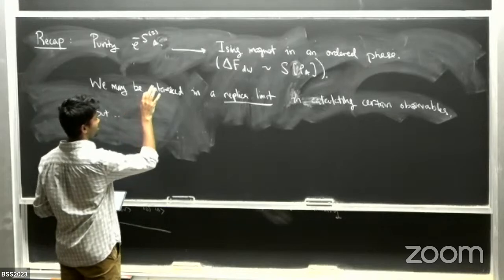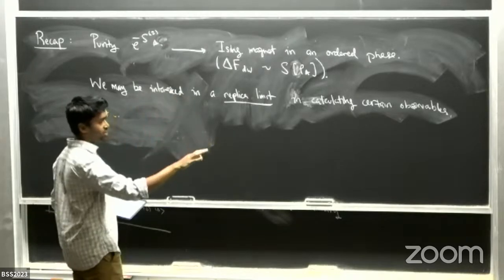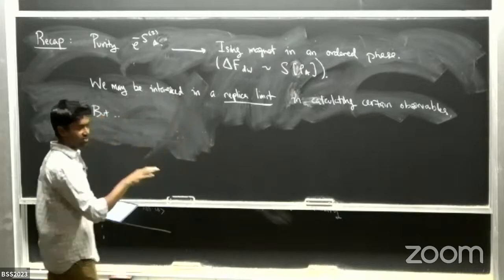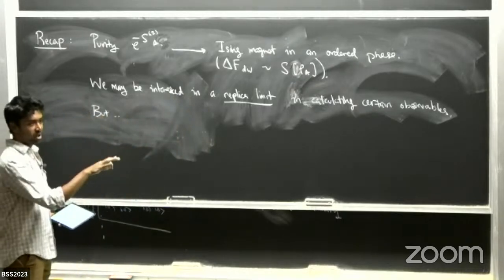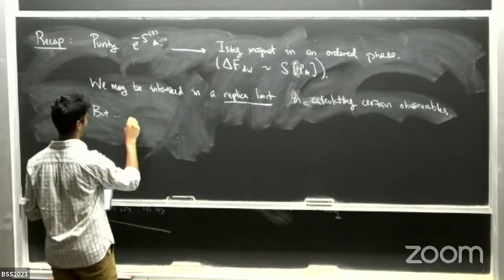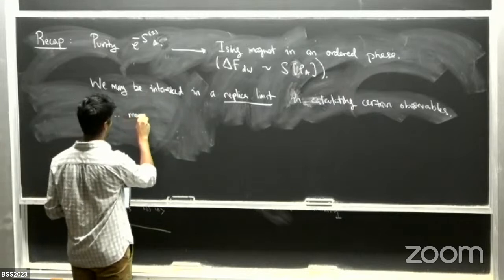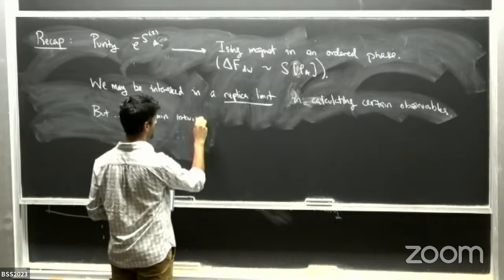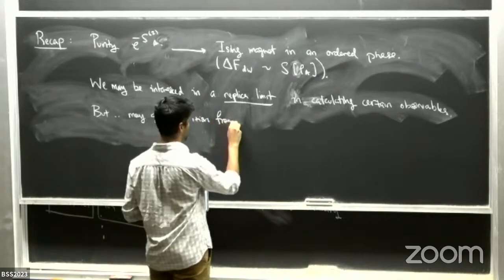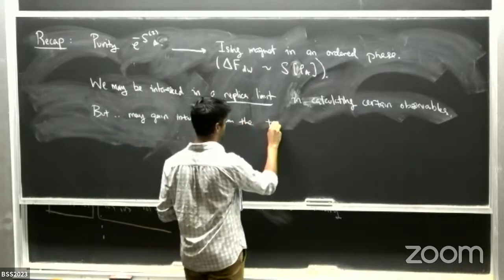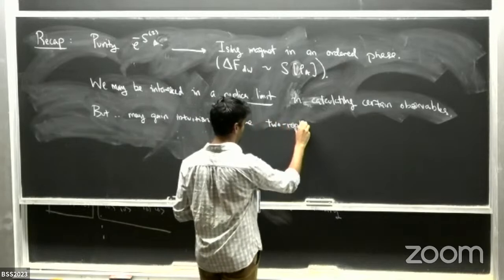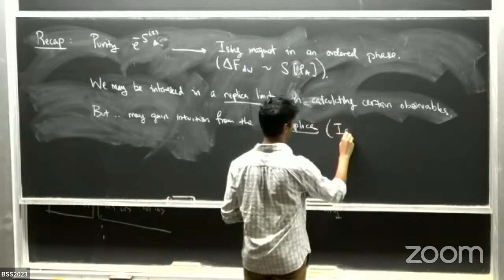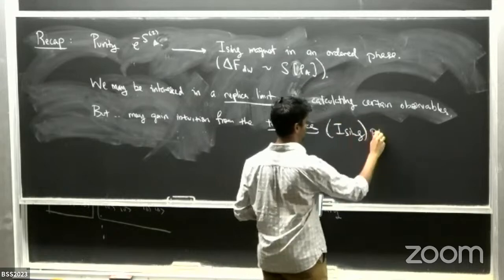This calculation is to me an easy way of developing intuition about entanglement without worrying about the replica trick. So we get intuition from the two-replica picture, which is this Ising picture.